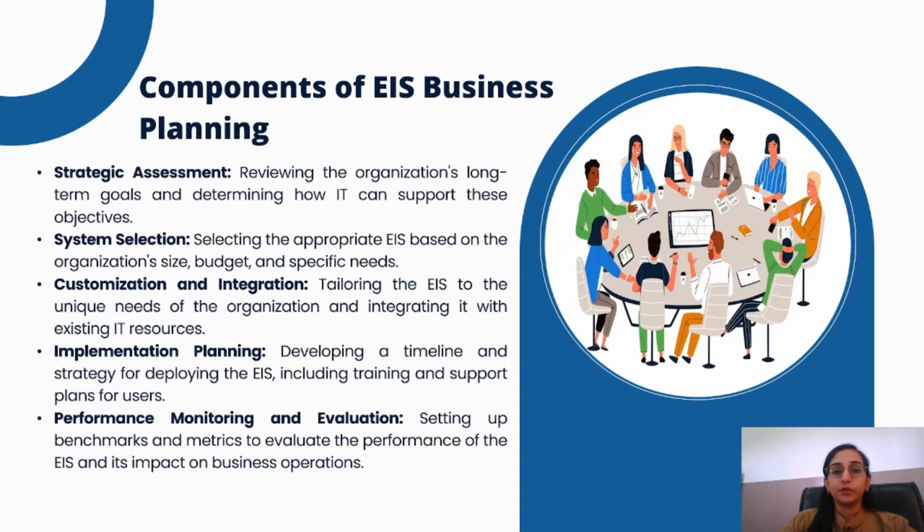Prepare detailed reports that summarize findings, provide insights into system performance, and recommend actions. These reports should be tailored to the needs of different stakeholders to ensure they are actionable and relevant.